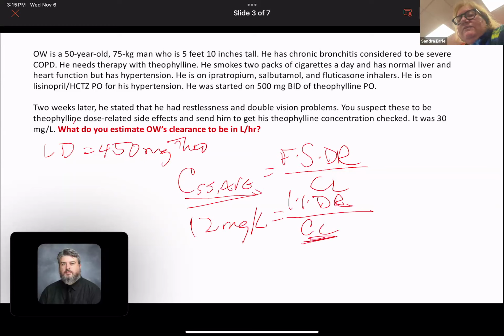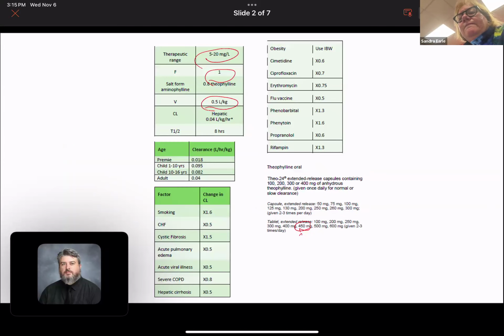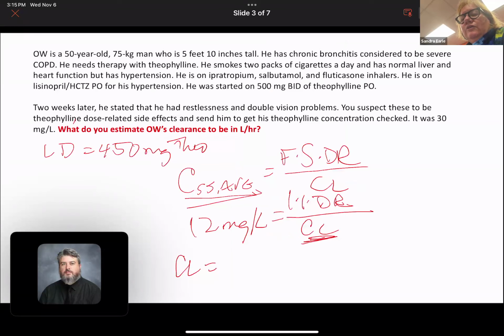This is gonna be a guess of our clearance, right? So how do we guess our clearance? Well, clearance, we know it for an adult is 0.04 liters per hour per kilogram. So 0.04 liters per hour per kilogram, and he weighs 75 kilograms.